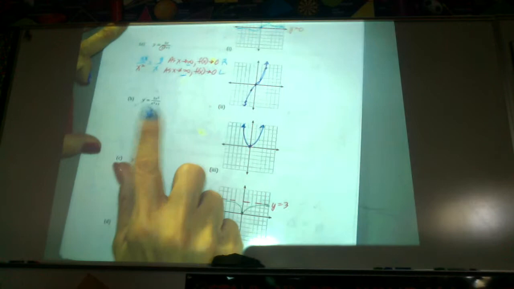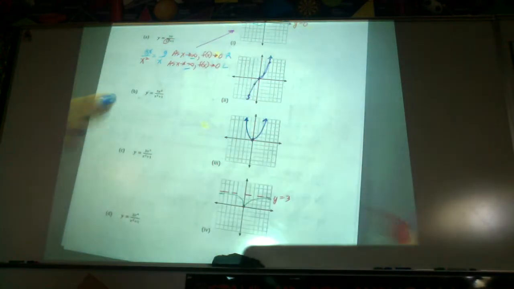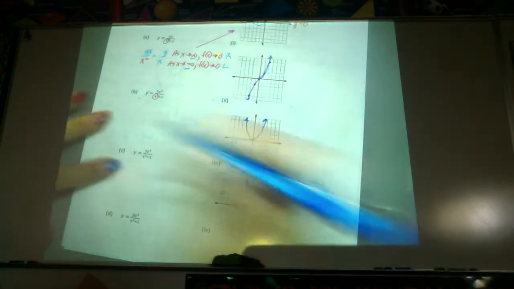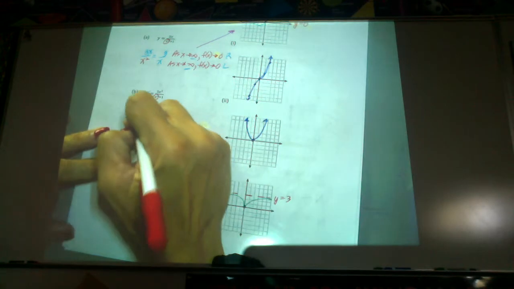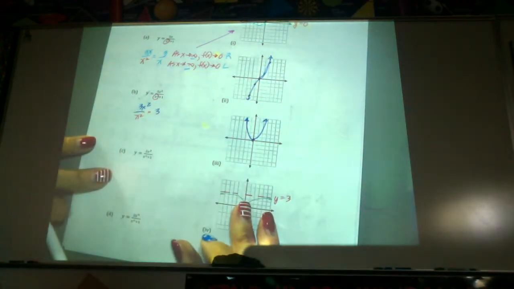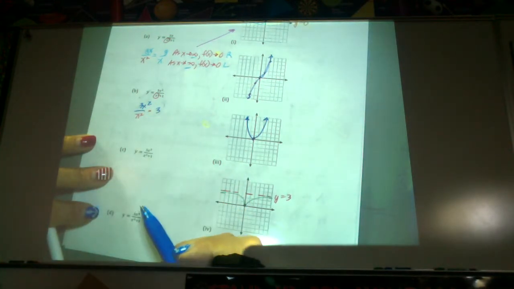So look at this one. So this one matches up to here. If I take this one and divide it by x squared, so I have 3x squared divided by x squared, what do you get? Just 3. Isn't that a constant number? No matter what I do with x, this number stays the same.